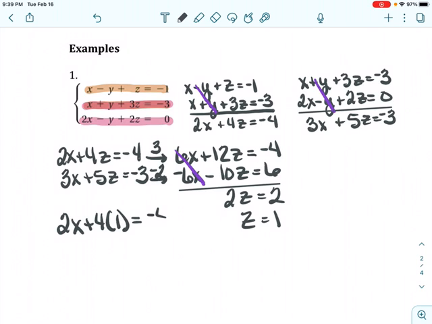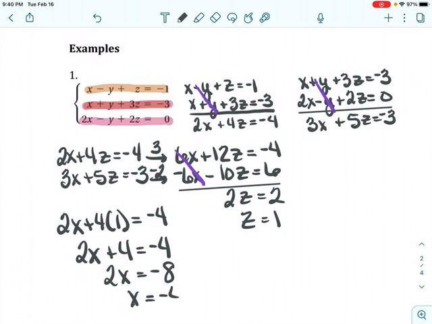So I'm going to put 1 in for z in the first equation. I'm going to solve for x, and I get negative 4. So now I have my z and I have my x.